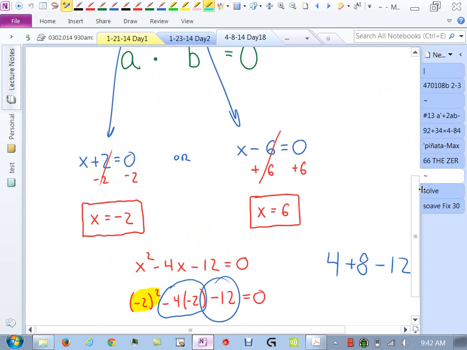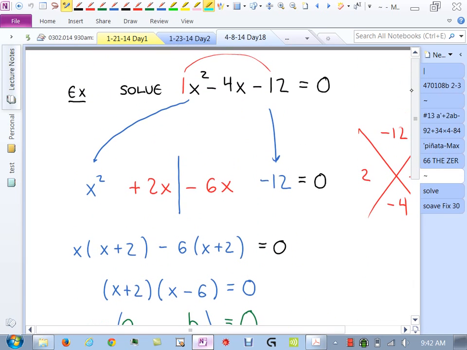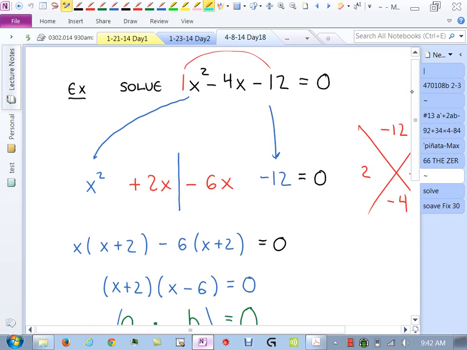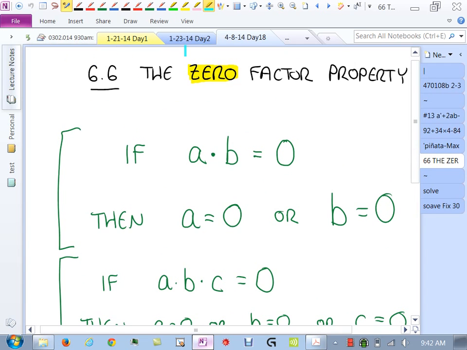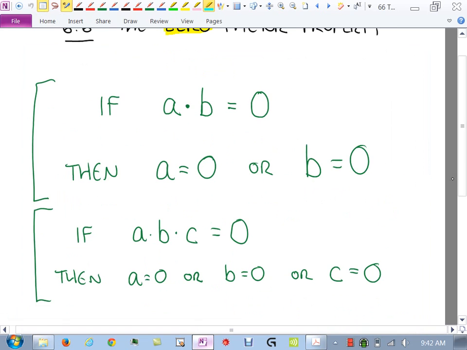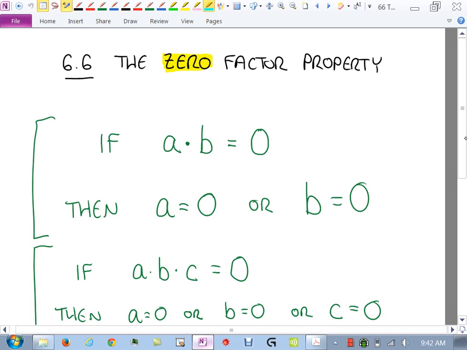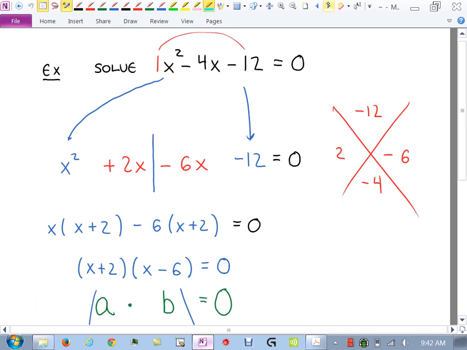We had this thing called the zero factor property. Remember this? It said that if two things multiply to be zero, then one of them has to be zero. And then we said, if we start out with an equation like this, and we want to make the left side something times something, that means we want to factor it.